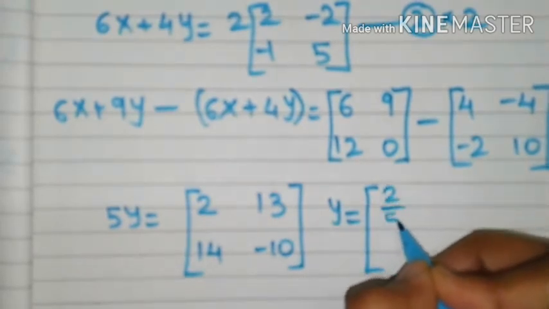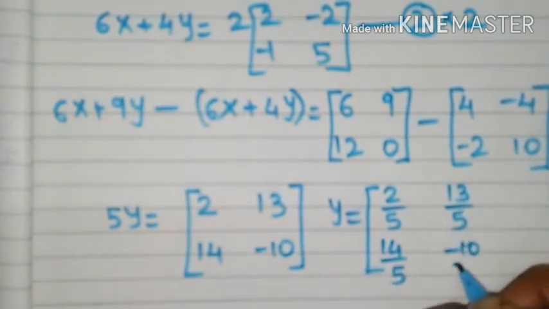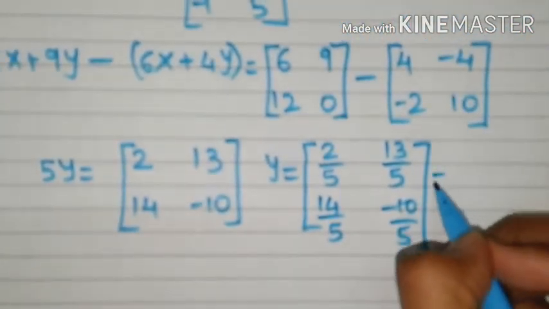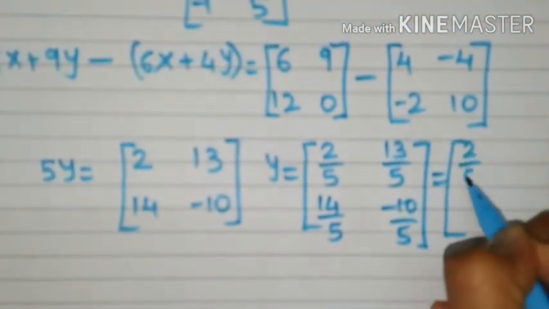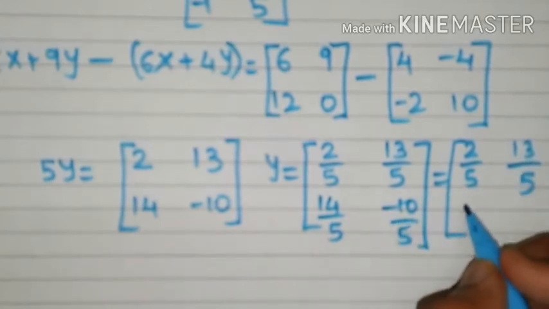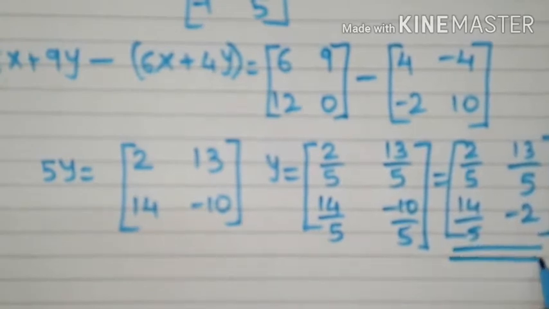So I'll get 2 by 5, 13 by 5, 14 by 5 and minus 10 by 5. This will be further reduced, because minus 10 by 5 I can reduce to minus 2. So this is the value of y.